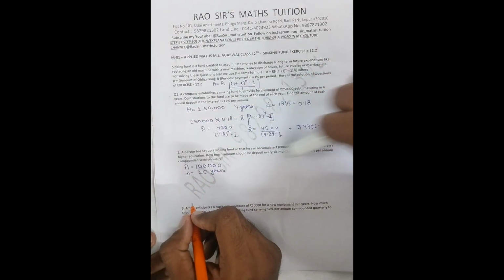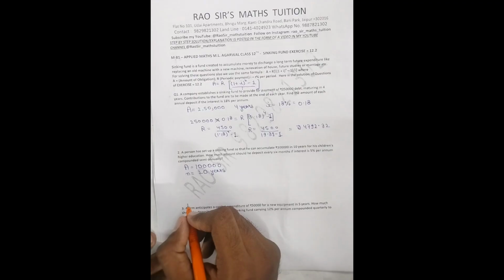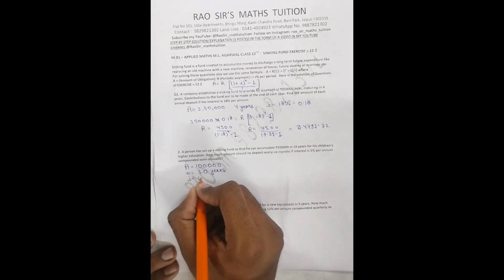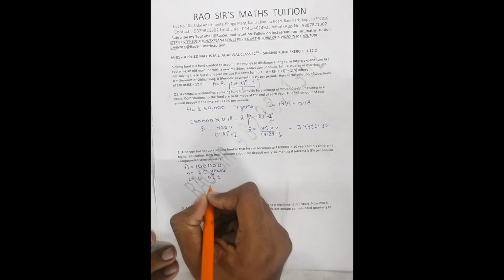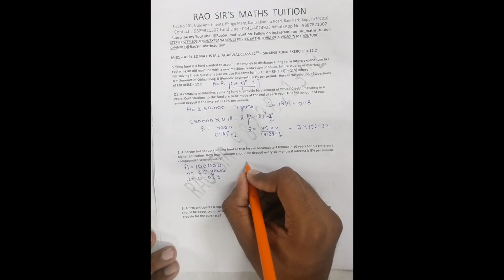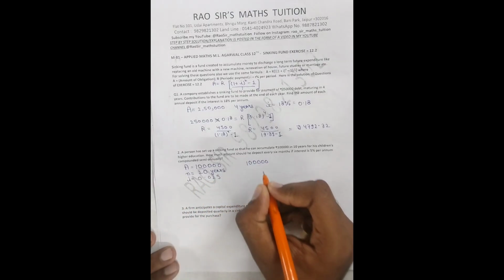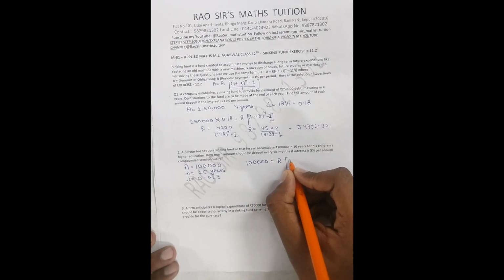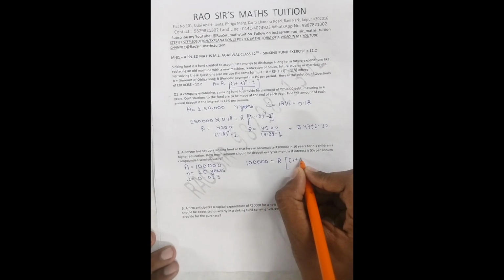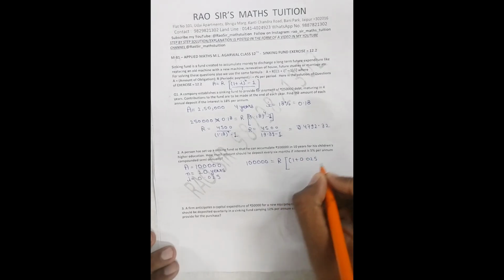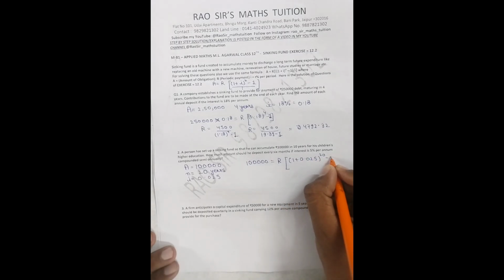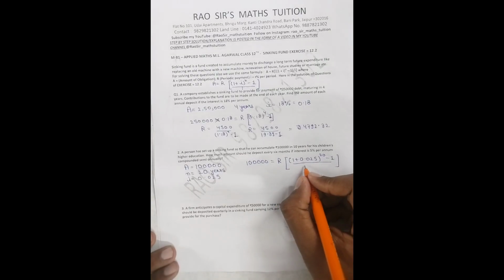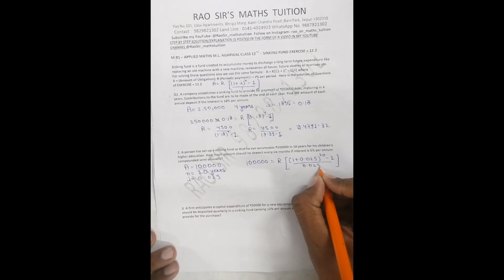You can write in this line also so that you will have more space. According to the formula, i is 0.025.